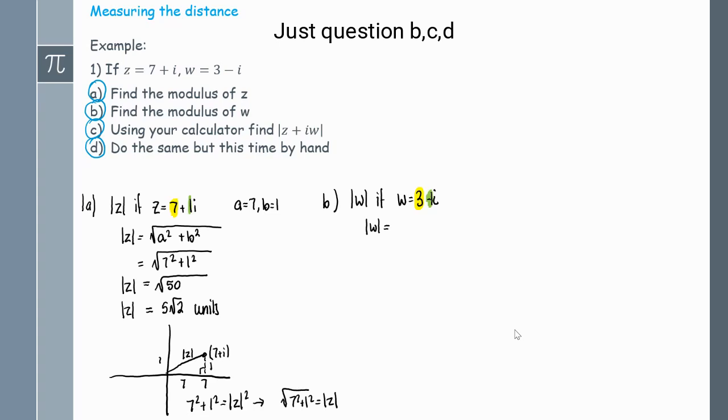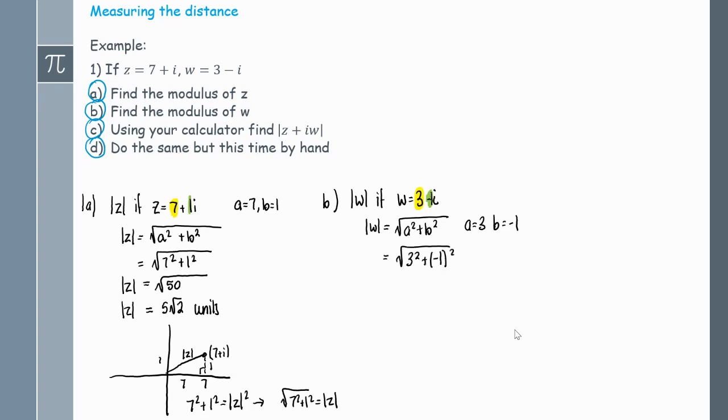Do not include the i in this. There should never be an i in your modulus formula. And then we take the square root of these two parts added together. So we have the square root of 3 squared plus, in brackets, minus 1 all squared. This should be the square root of 10.